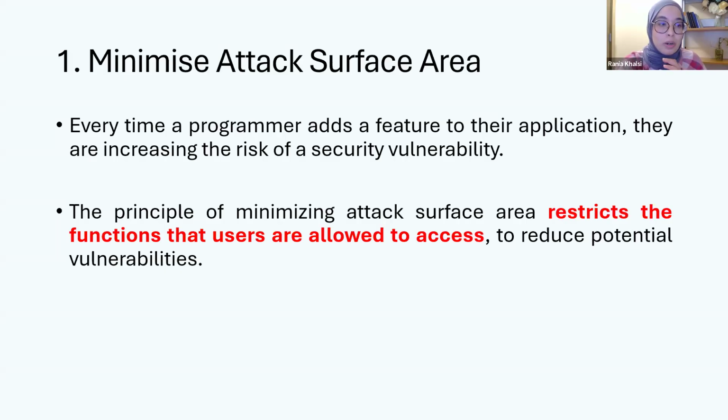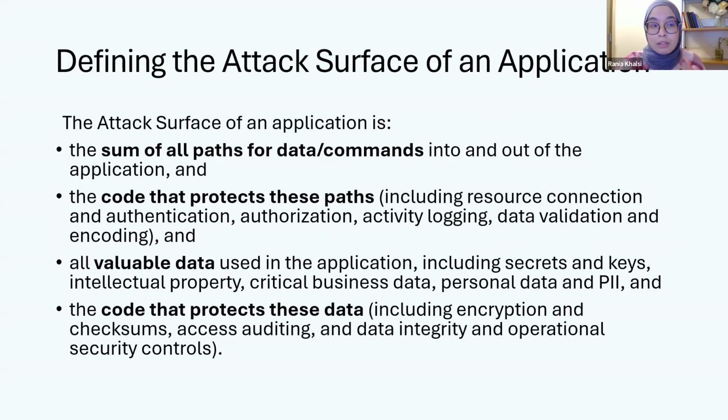Okay, so let's try to really understand this idea of minimizing the attack surface a little bit more. We first need to define what the attack surface of an application actually is. So the attack surface includes all paths, okay, where data or commands can enter or leave the application, okay?